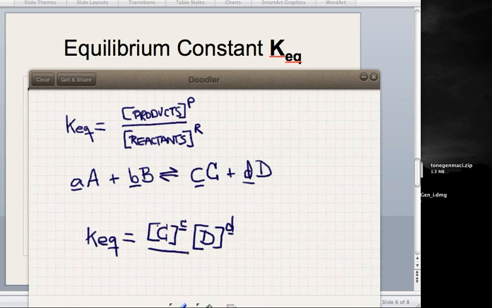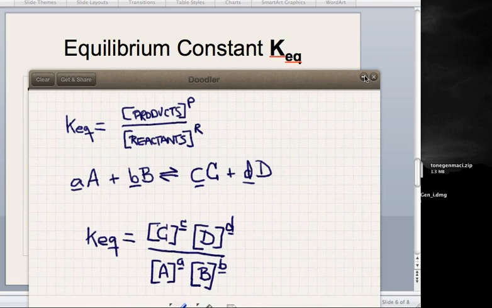And this is all going to get divided by the concentration of the reactants. So over here we have the concentration of A multiplied by the concentration of B, each raised to its coefficient. Just as a note, all of these exponents represent coefficients. This is how I would calculate my equilibrium constant.